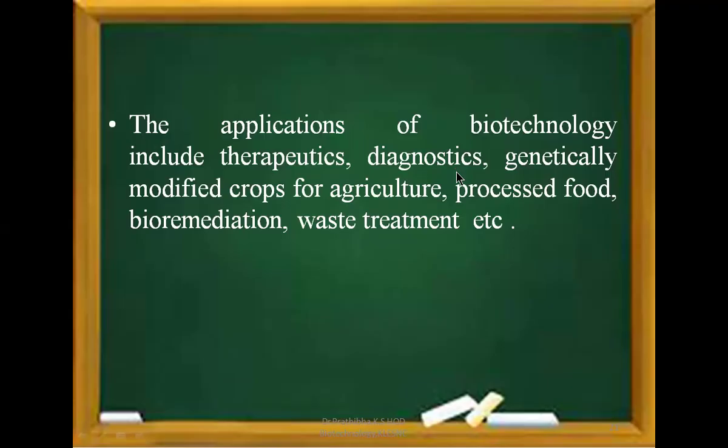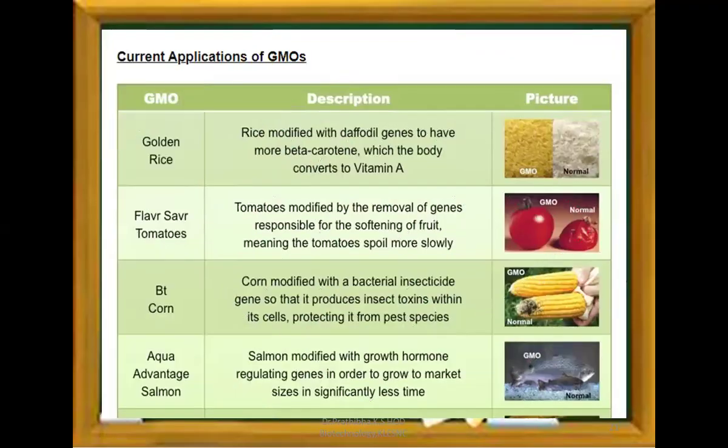Without diagnostic kits, we would not come to the conclusion that a person or animal is suffering from a particular disease. So diagnostic kits are also applications of biotechnology. Then genetically modified crops for agriculture, which is also very important. Then processed food, bioremediation, and waste treatment all come under the applications of biotechnology.